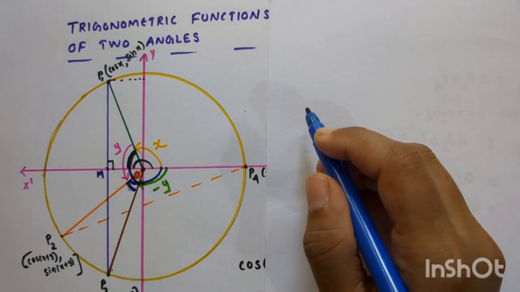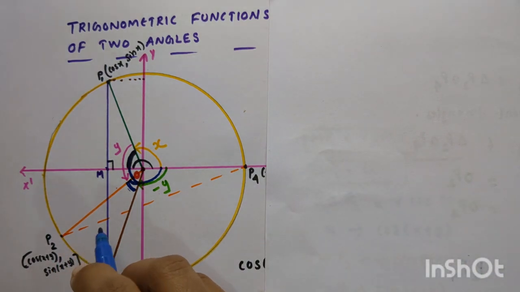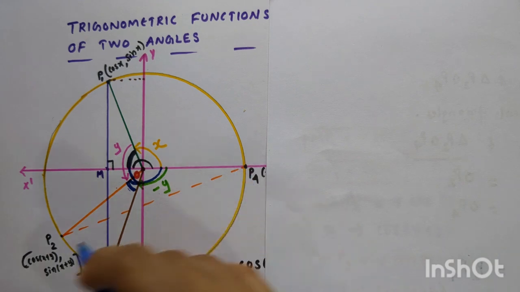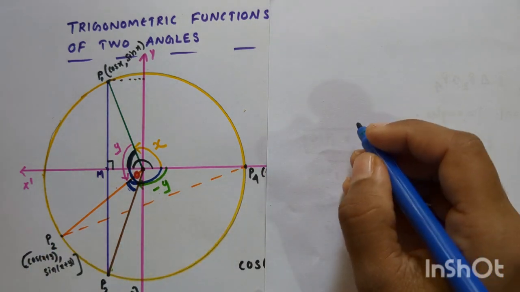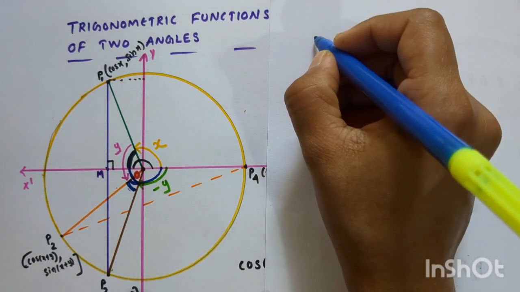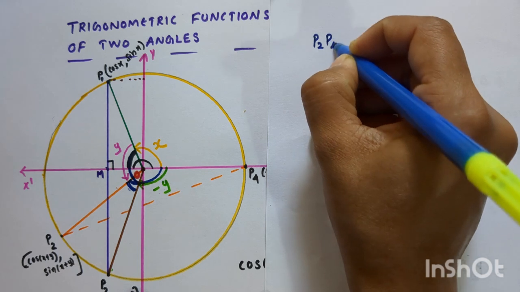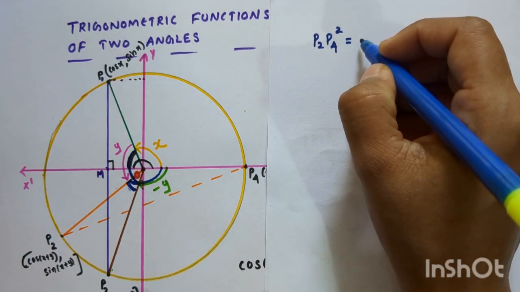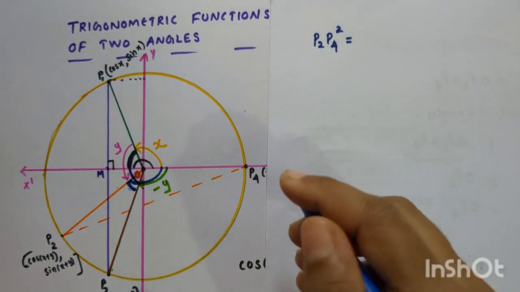Now here you see, P1P3 will be equal to P2P4. So I am going to find out this distance P2P4. As per the distance formula, P2P4 square will be equal to x2 minus x1 all square.